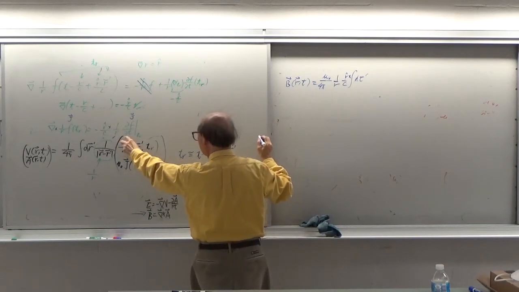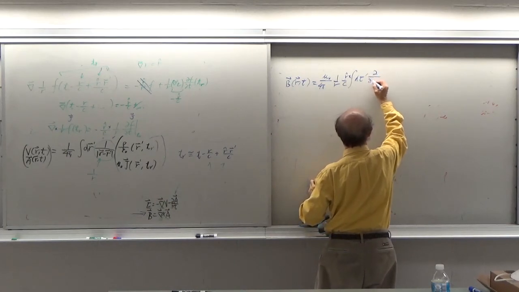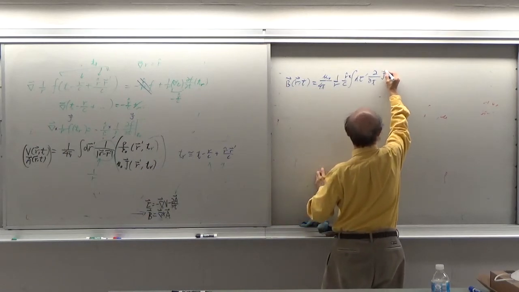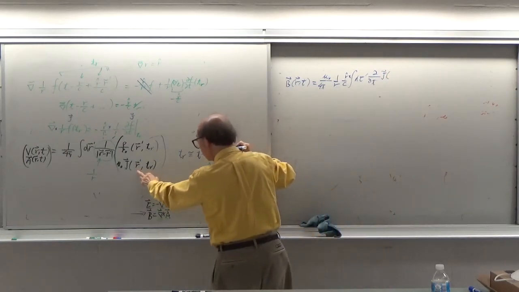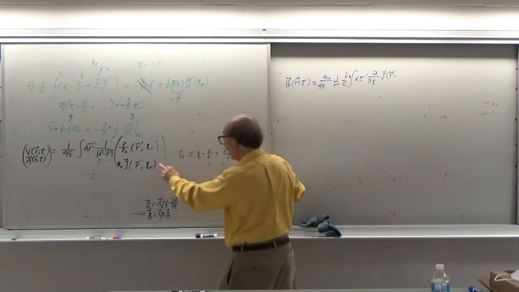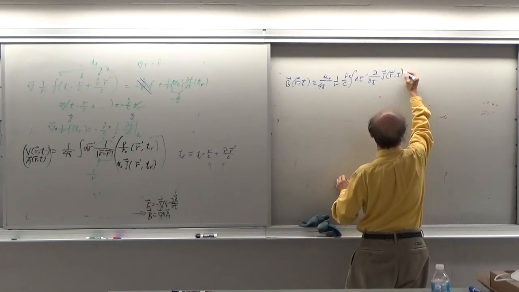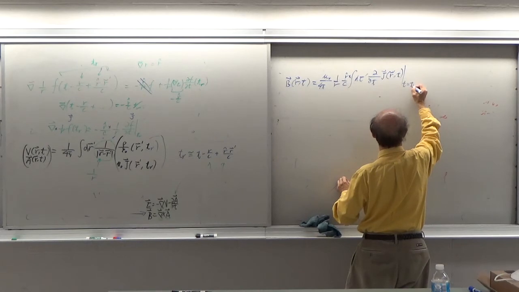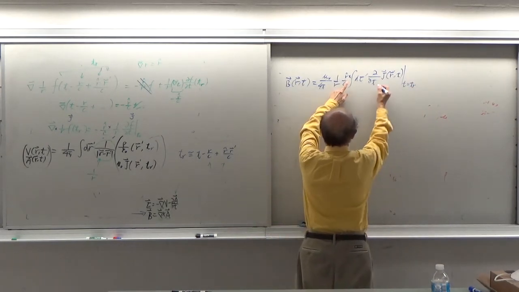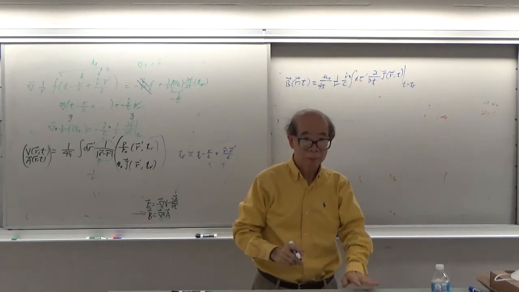What I have inside is del by del t acting on f, which is now J, at the location r and the retarded time t_r. The cross here stands for the cross product between r hat and J. All right.